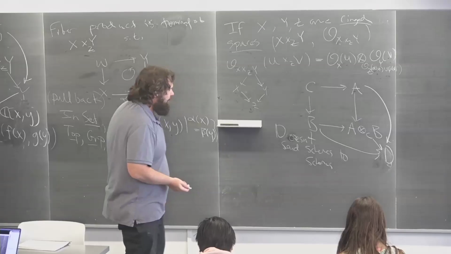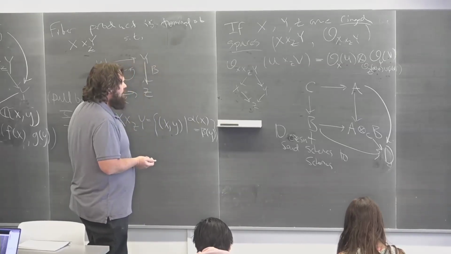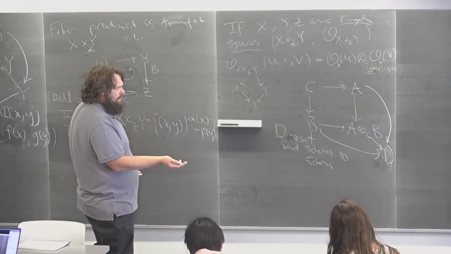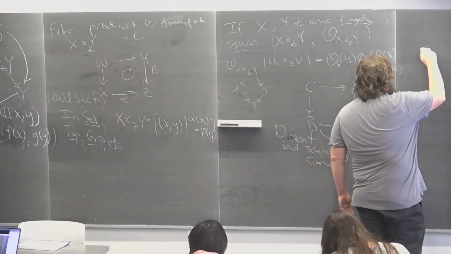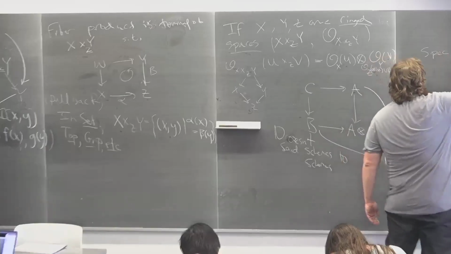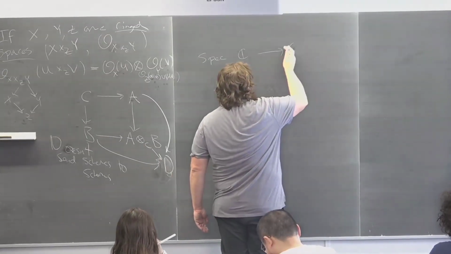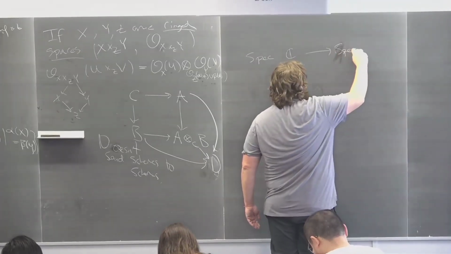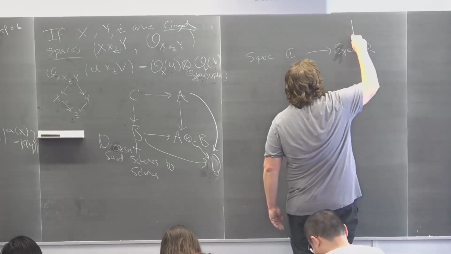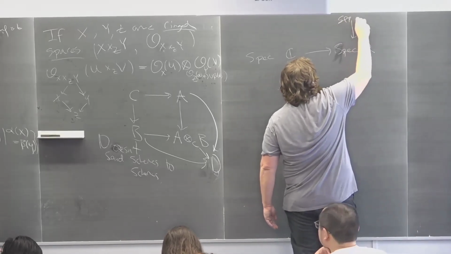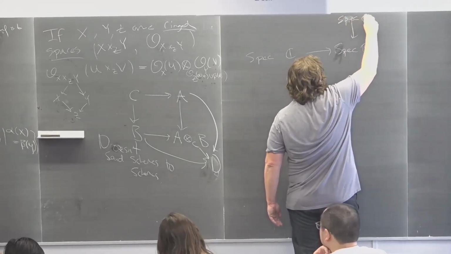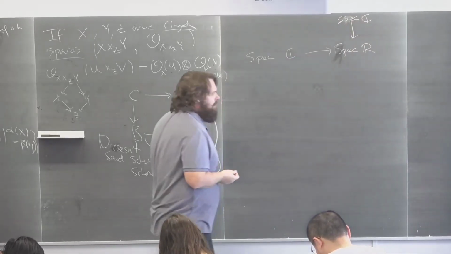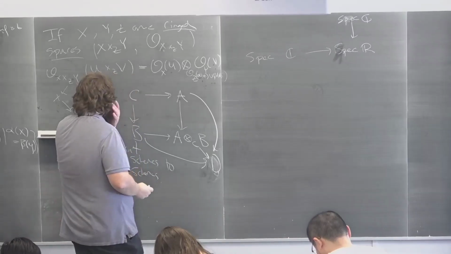And just to give you sort of a flavor of why this is a problem, like why doesn't this send schemes to schemes? Right, what could I do? I could take spec of C mapping to spec of R and spec of C mapping to spec of R. So this means think of C as an R algebra.